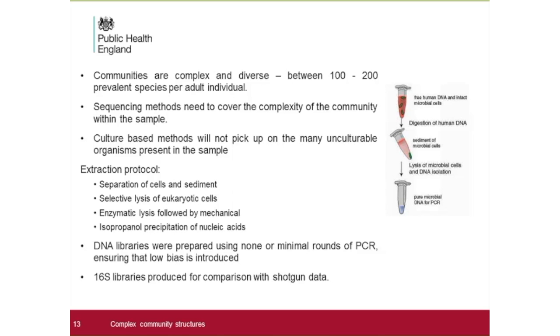If we need to compare those on a non-culture-based method to look at culturable and non-culturable, then there are a range of extraction methodologies. In our hand, we found that either direct extraction or a basic lysis, as I've shown in this, using a mechanical method, gave us the highest level of resolution.